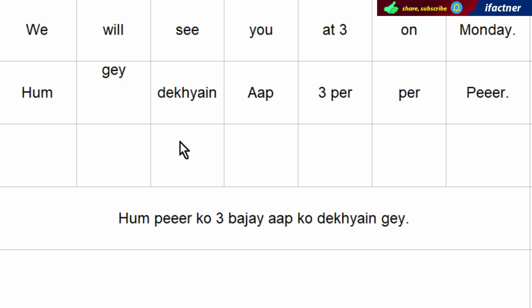And see, देखें, you, आप, at 3, 3 पर, on, पर, and Monday, पीर. So we can translate we will see you at 3 on Monday as हम पीर को 3 बजे आपको देखेंगे.